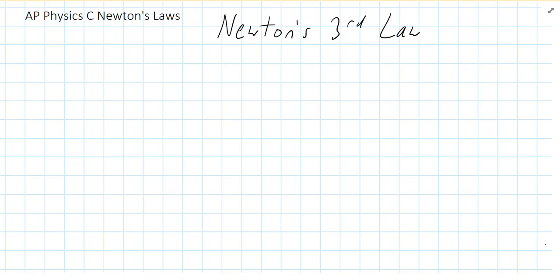Now, a couple things. First of all, Newton's third law is probably the most important of the three laws of motion that he developed, and I'll talk about that. It's also actually one of the simplest and at the same time one of the most confusing laws of physics for students.